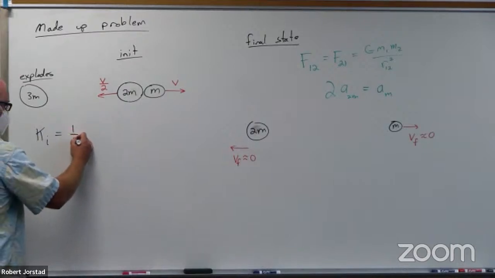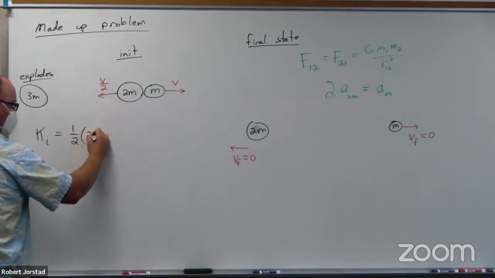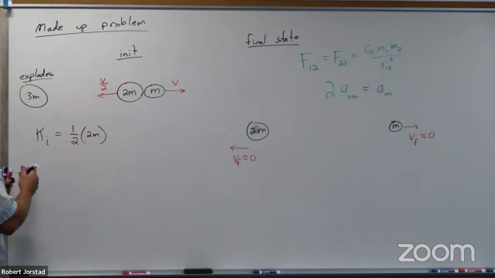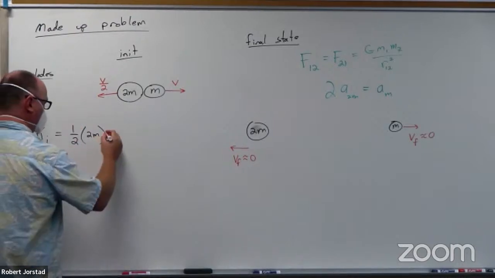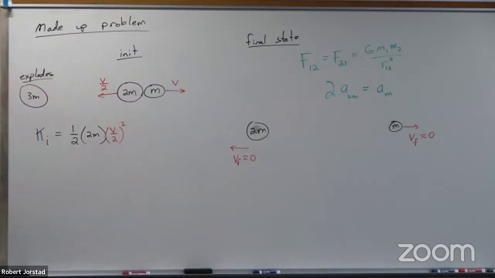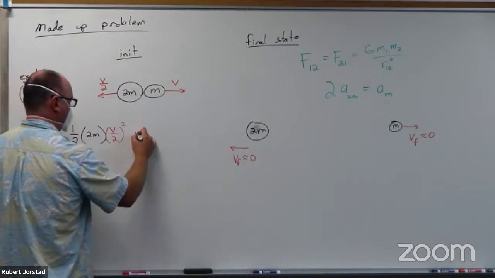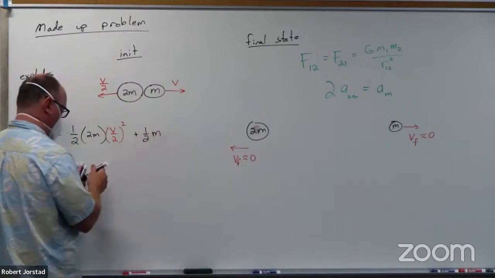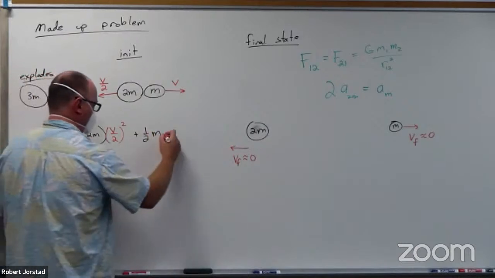I got 1/2, I've got a 2m, and then I've got a v over 2 quantity squared. Because if I try to do all this in my head, I'm going to screw up the 2's. Then I also have a 1/2 m with just a regular v squared, right?